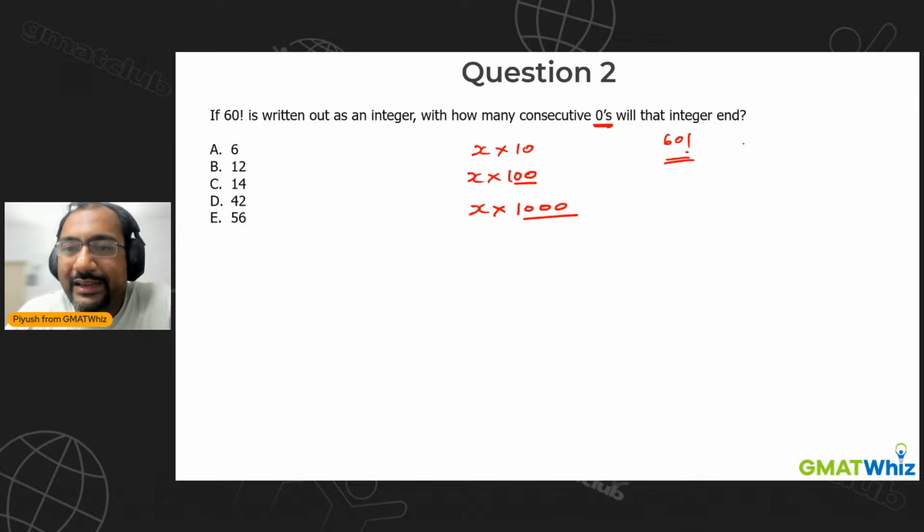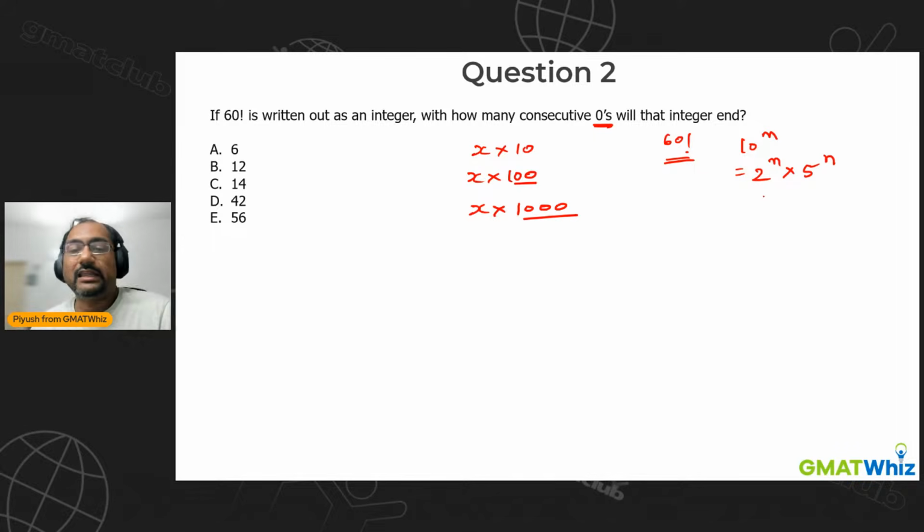Now, if you need to find the highest power of 10 in 60 factorial, you should write it in the form of 2 to the power n into 5 to the power n. So technically, you have to find the highest power of 2 and the highest power of 5 in 60 factorial. Whenever you have to solve such a question, you don't need to find the highest power of both the factors.